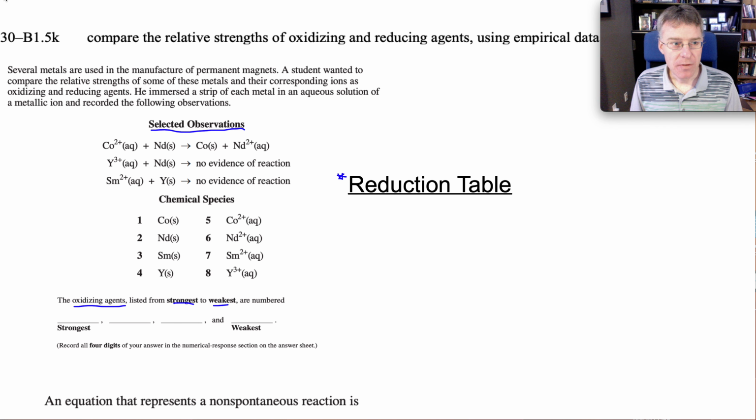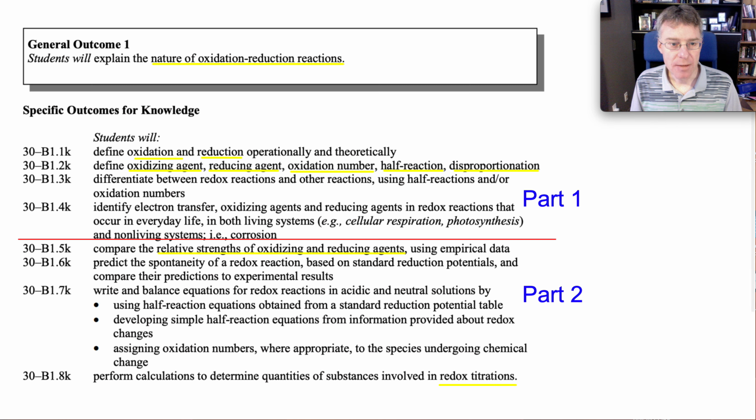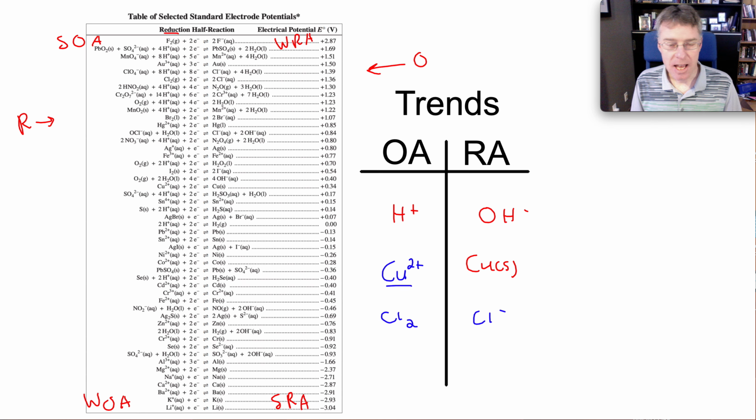So the end of the previous video talked about some trends, and they're really important for building reduction tables. So flipping back to the end of the previous video, trends in our reduction table, we've got the OAs on the left, we've got the RAs on the right. We always see things with H+ or acidic half reactions on the OA side.